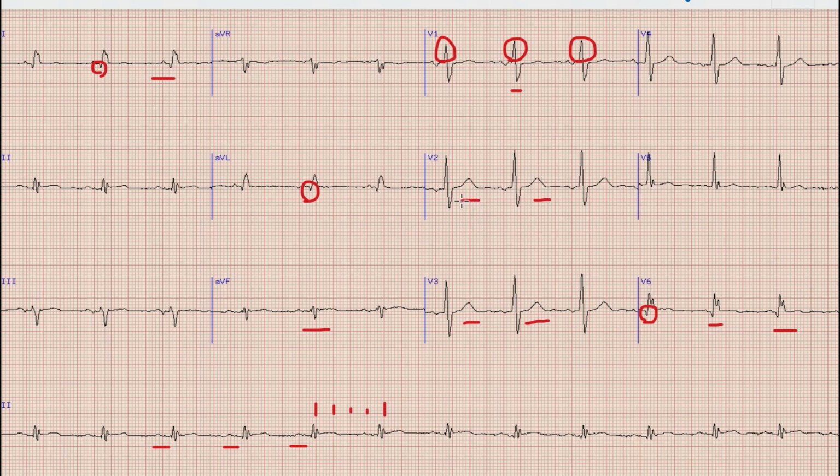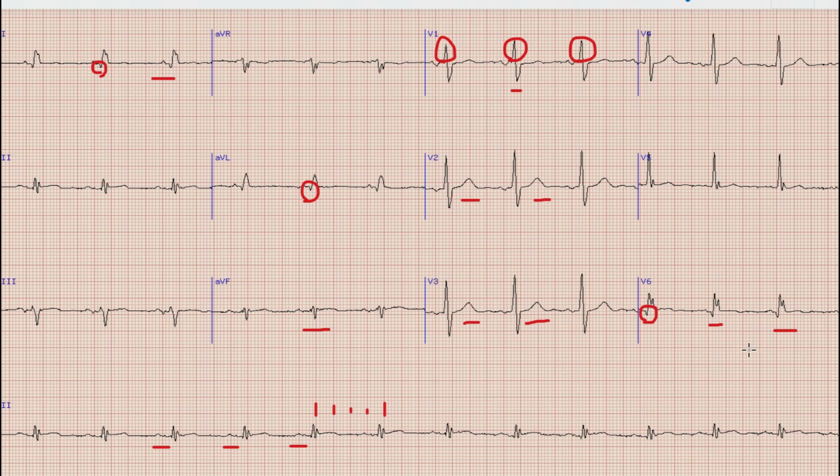As we know, the presence of Q waves in multiple leads on an ECG indicates previous myocardial infarction. The presence of prominent R waves in lead V1 along with Q waves in multiple leads as well as upright T waves in leads V1 to V3 suggests a history of ischemia and probably involvement of the posterior wall.